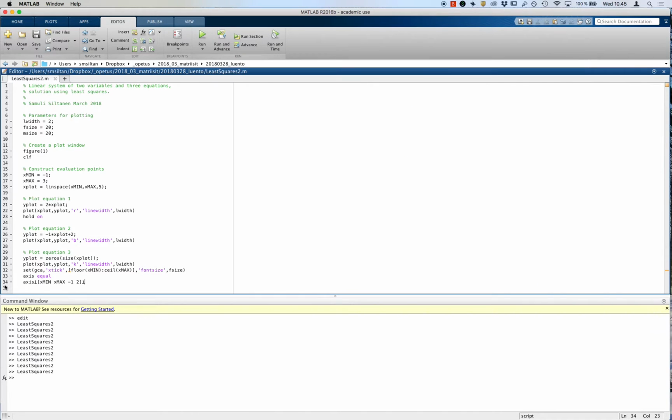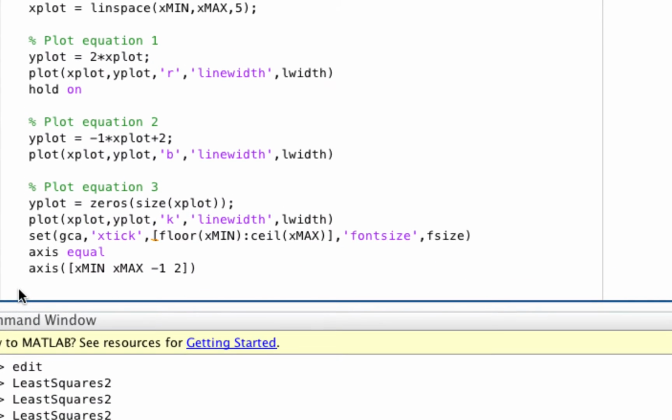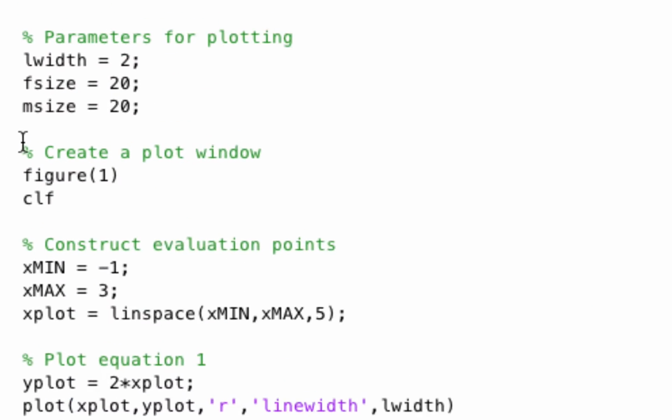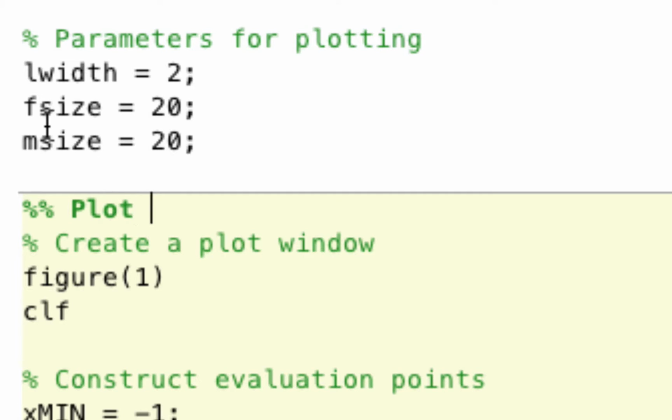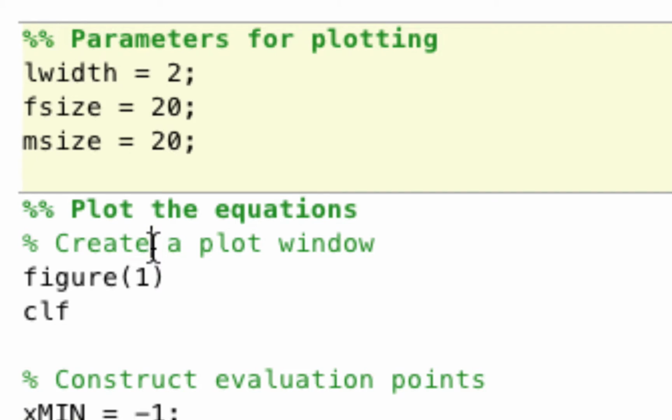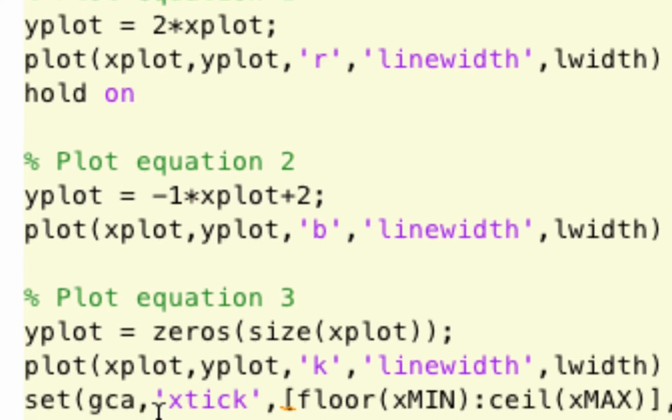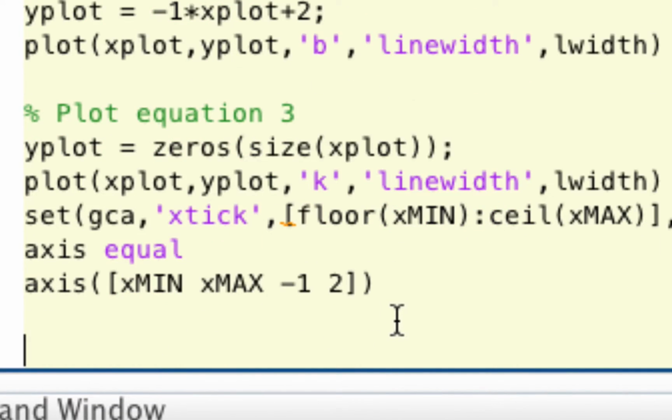Okay, so then let's solve this system of linear equations in the least squares sense. So this part of the routine is called plot. Plot the equations, and this we will just call parameters for plotting. Plot the equations, and then let's make a new place here.